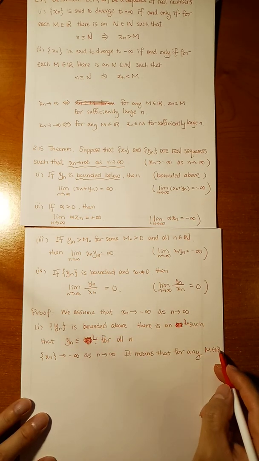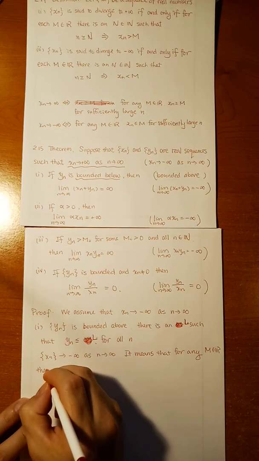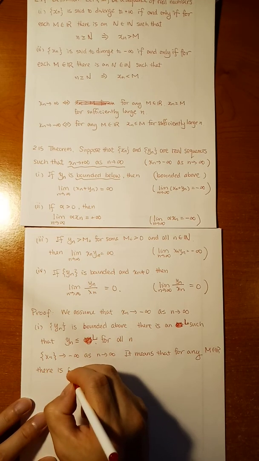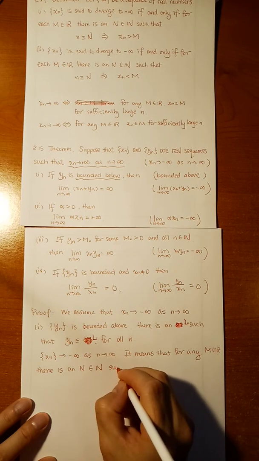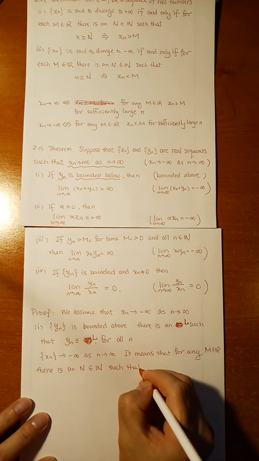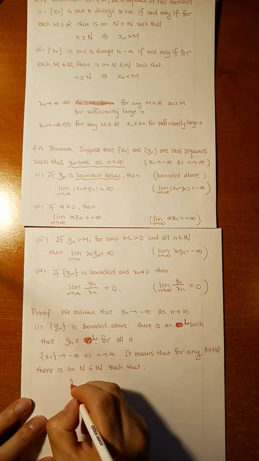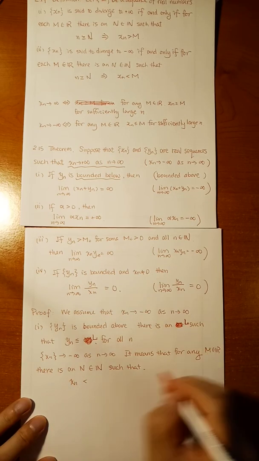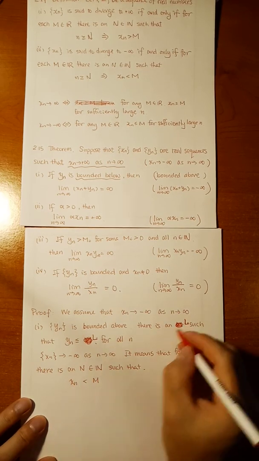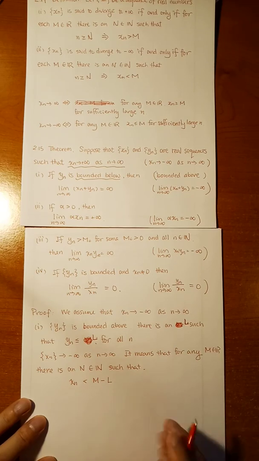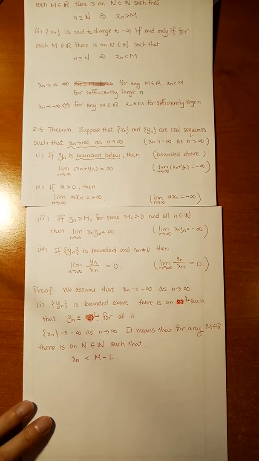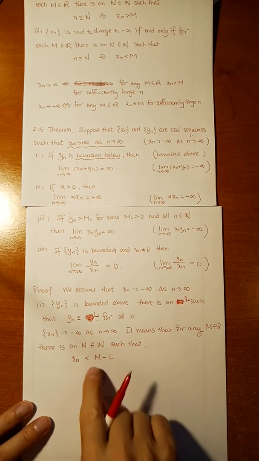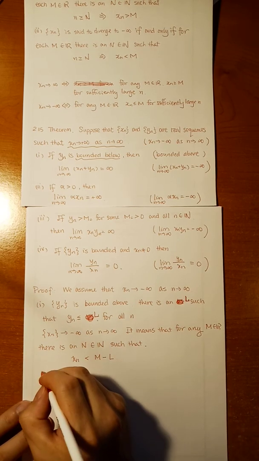For any M in R, there is a natural number N such that xn is going to be less than M. But this time, let's subtract L. M minus L is still an arbitrary number, right?